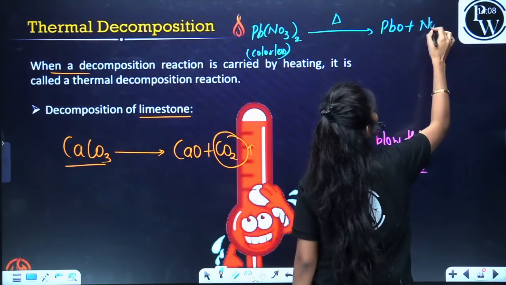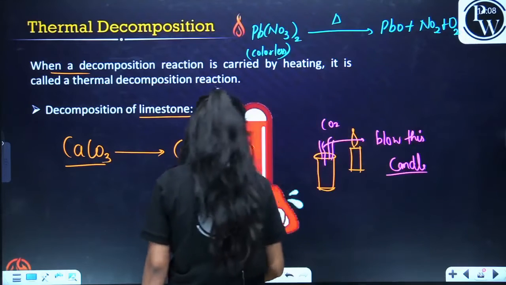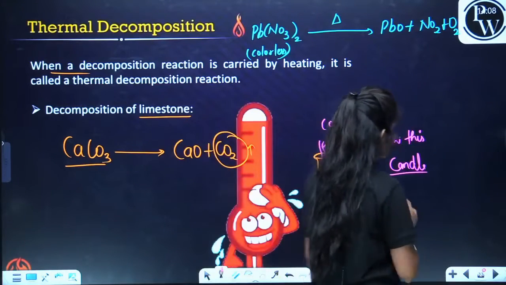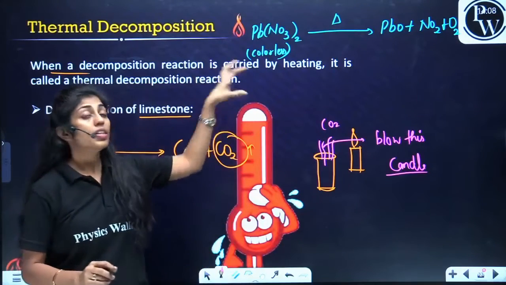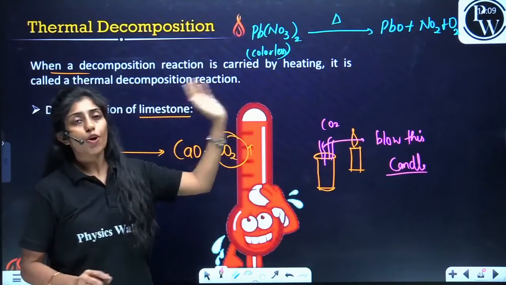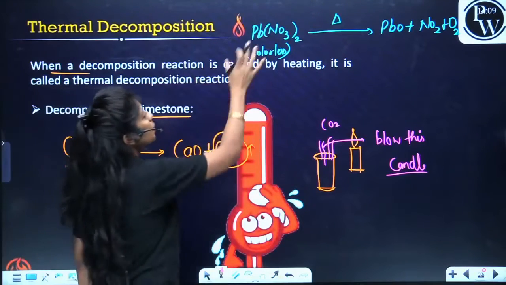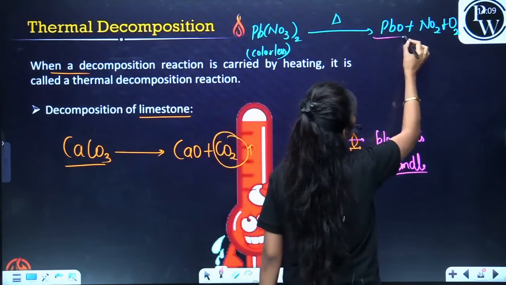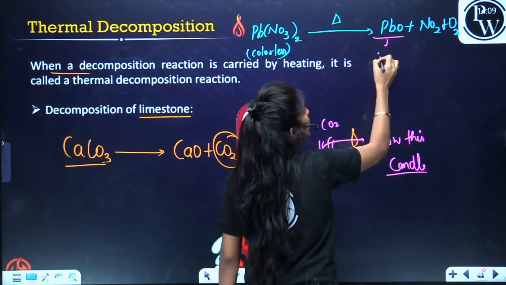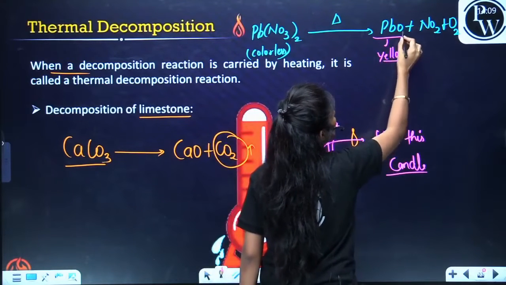Can you tell me who contributes these colors? Let me know. You can balance these reactions, and you can definitely write down the physical state of each reactant and product. When I am decomposing this, it will be decomposed into lead oxide, which is yellow in color, the residue in solid state.